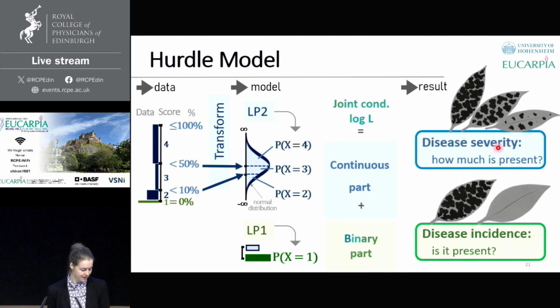So in this sense, it's a nice model, it's a nice concept. It gives us ideas of what's the biology behind it, or it can show the biology that we assume behind it.